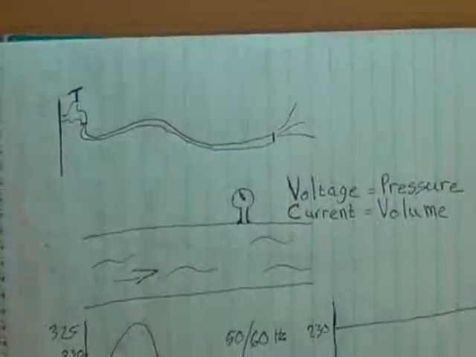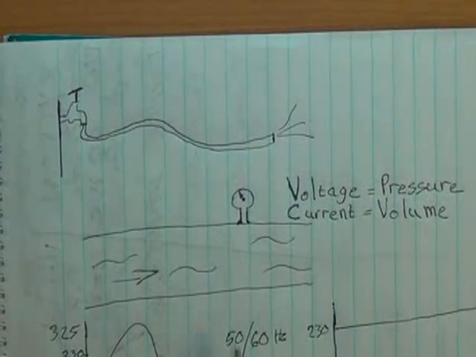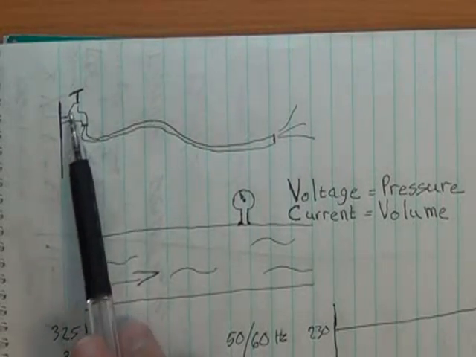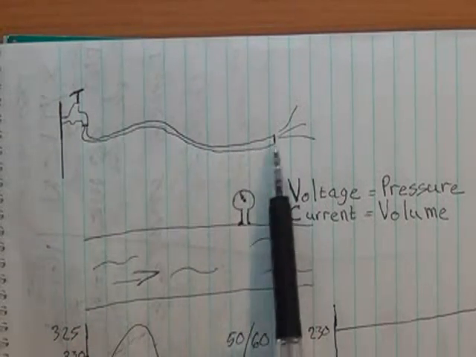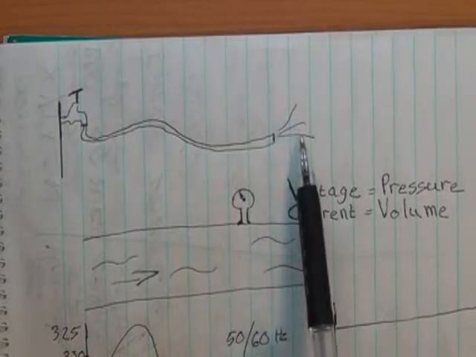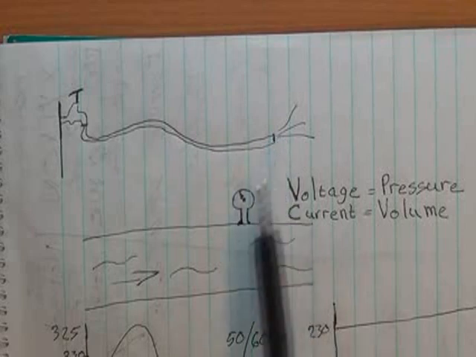But let's get in and have a look and an understanding about what current is. So we're going to go back to this diagram I did in the first video. As I said, just like a garden hose has got water in it, just like a piece of wire has electricity flowing in it, there's two components which are fairly similar.